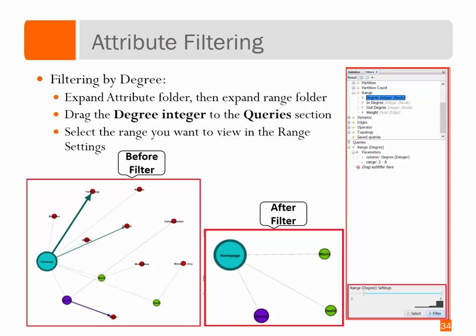If you'll see on the bottom left-hand side of the screen, this was our original network diagram before the filter. We applied the filter, and you'll see in the center of the bottom of the screen our after image after we apply the filter, and notice that it's filtered out all of those single relationship nodes. So this is how filtering works.